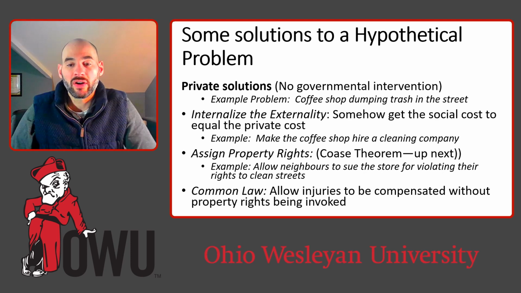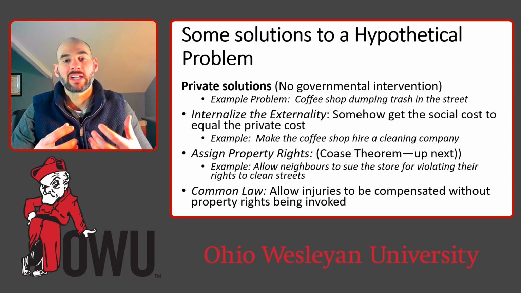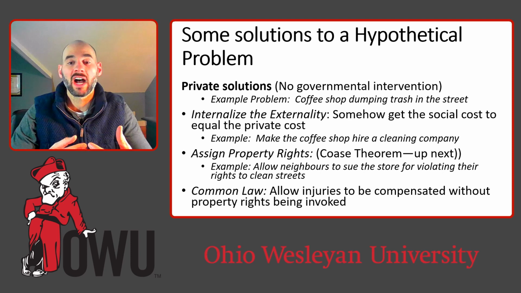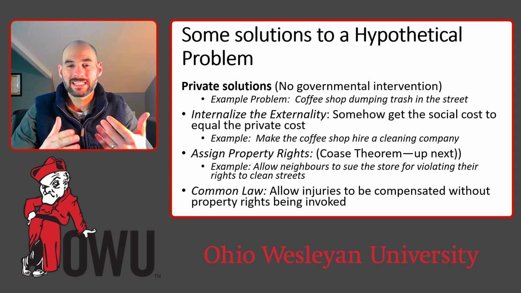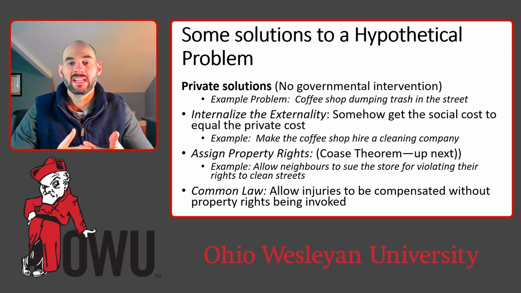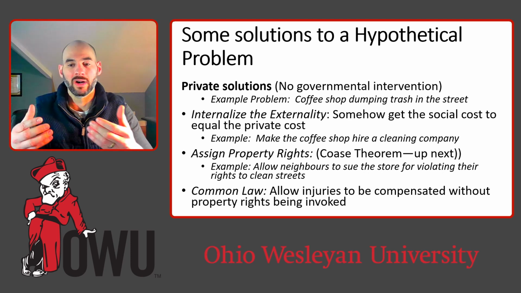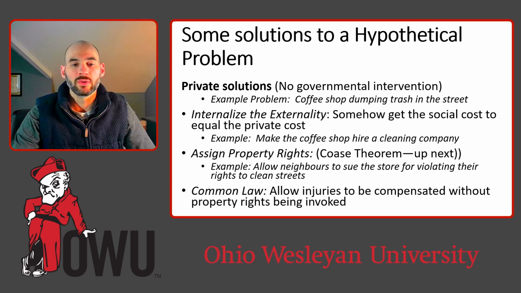And as a part of that, we can also rely on common law justifications where we allow injuries to be compensated without property rights being invoked. And so these are all methods for helping the coffee shop internalize some of those external costs, but they're going to be maybe less direct, maybe less certain that it's going to be done, and rely on some assumptions such as clearly defined property rights or regarding the legal system.